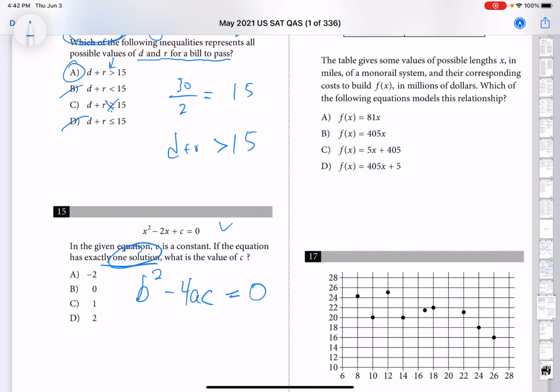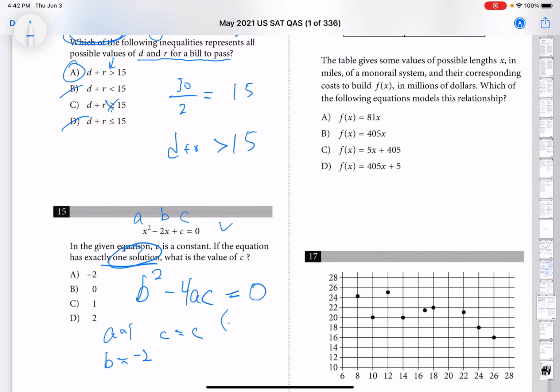So what we have over here is the value of a, b, and c all represent the coefficients. So a would be equal to 1, b would be equal to -2, c would be equal to c, because we don't know what it is right now, that we're trying to find that. So let's plug in our values and see what we get.